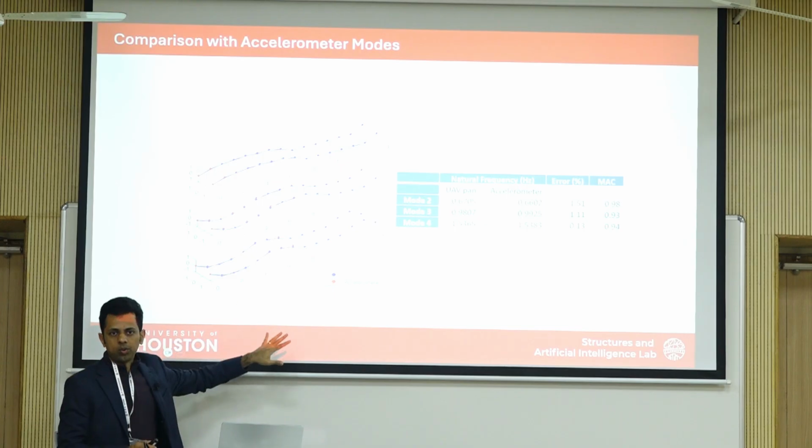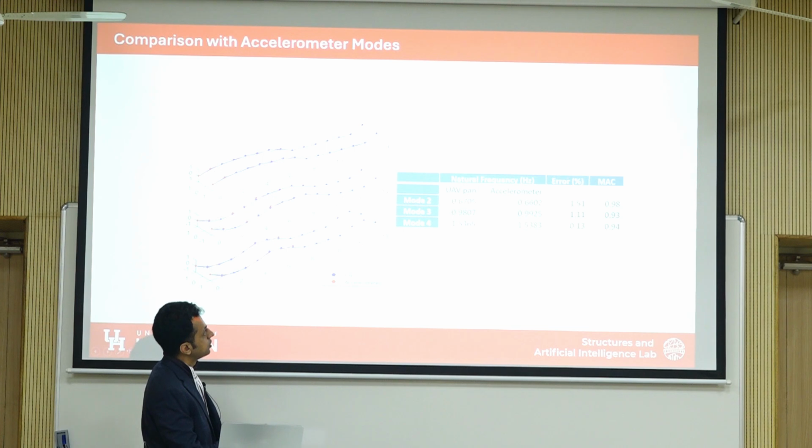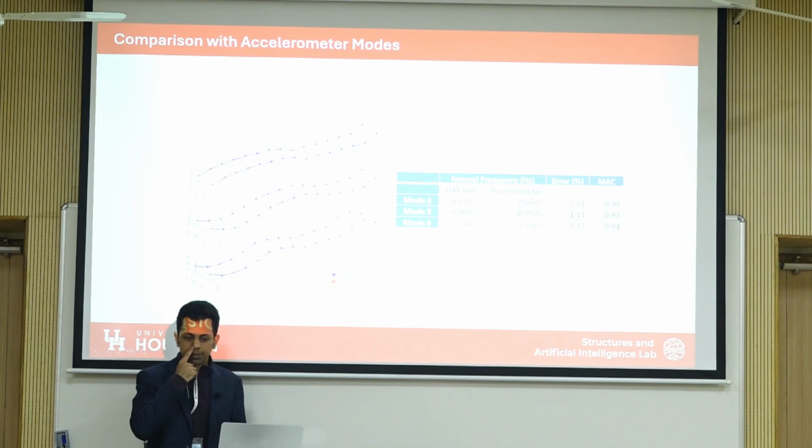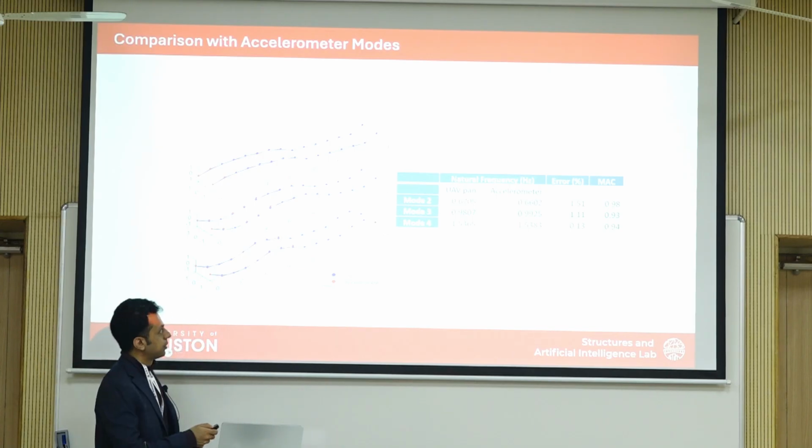It was much harder to do it for this real pedestrian bridge, mainly because the first mode we couldn't get because it was very close to 0.5 hertz, which is the UAV hovering frequency. Second mode we were able to get, but it's not perfect, right?